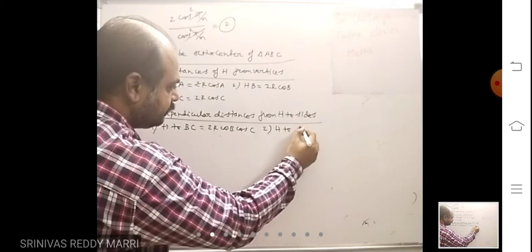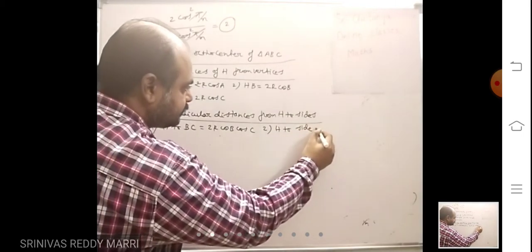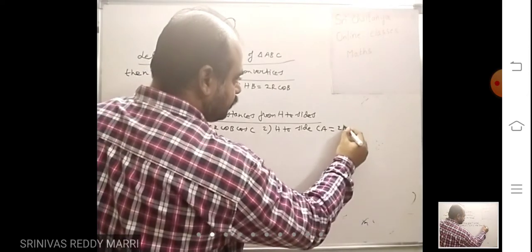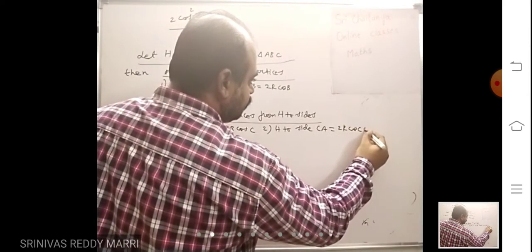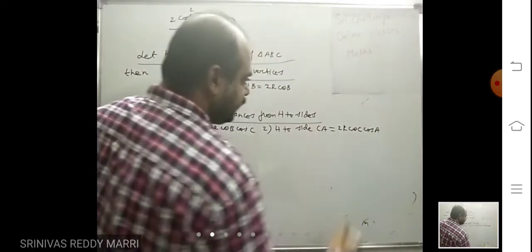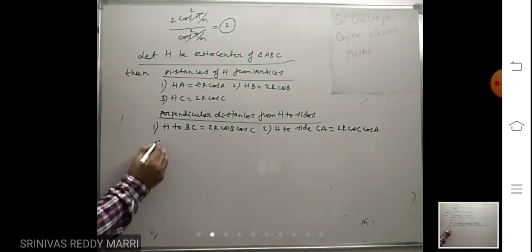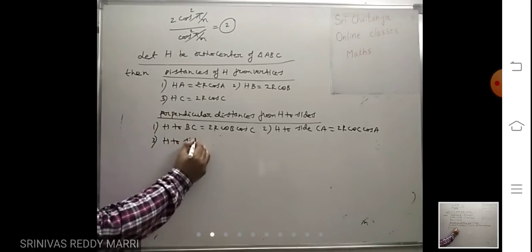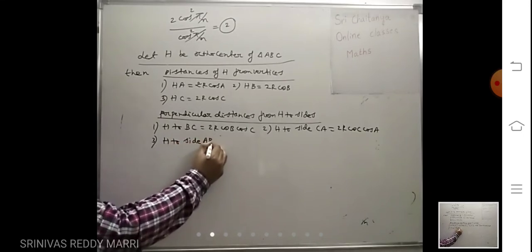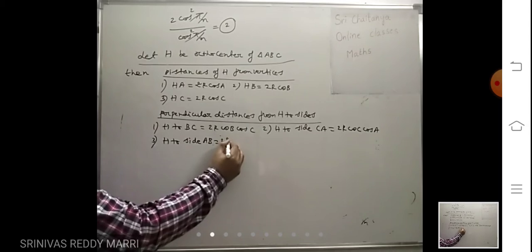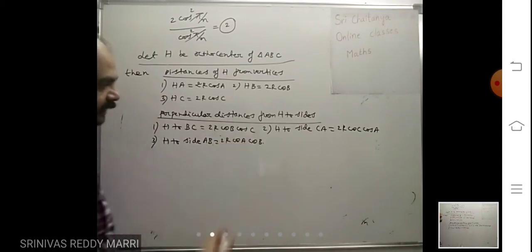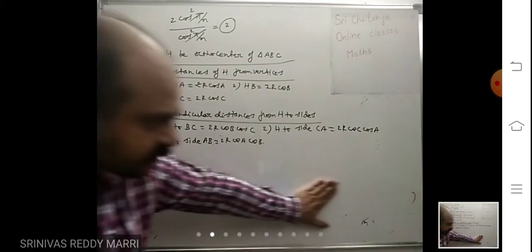Second formula, H to side CA is nothing but 2R cos C cos A. Third, H to side AB is nothing but 2R cos A cos B. These are the formulas.